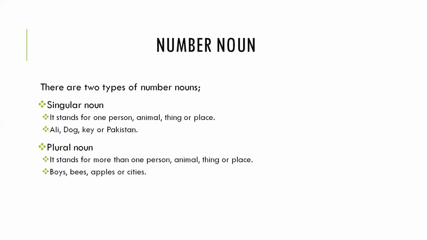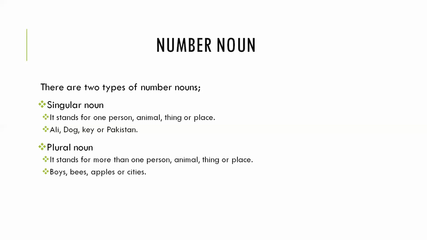So instead of Ali singular, we are saying boys. Instead of dog, we are saying animals. Instead of he, we are saying lots of things. Instead of Pakistan, we are saying countries. So this is plural noun. Okay, converting singular noun into plural noun is a different debate.